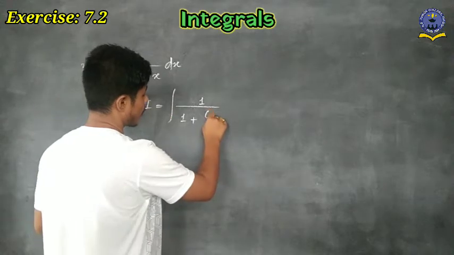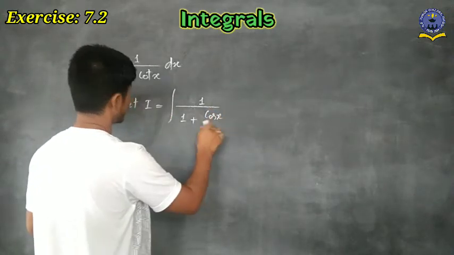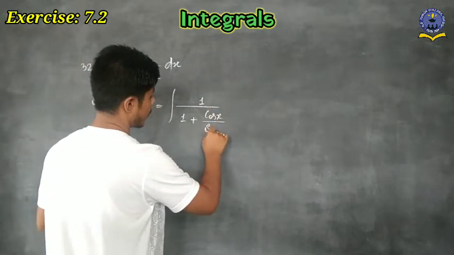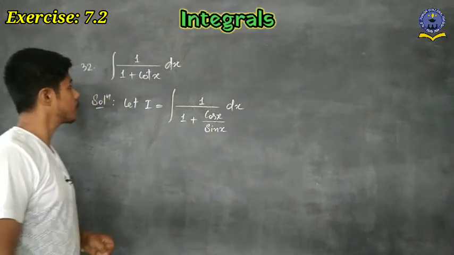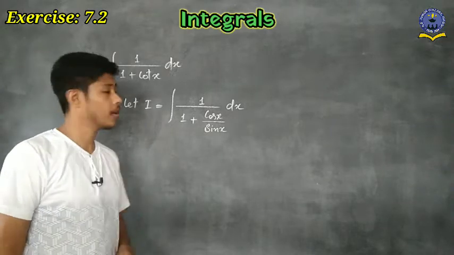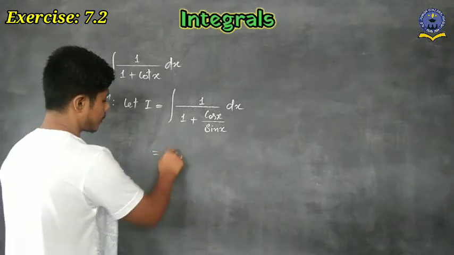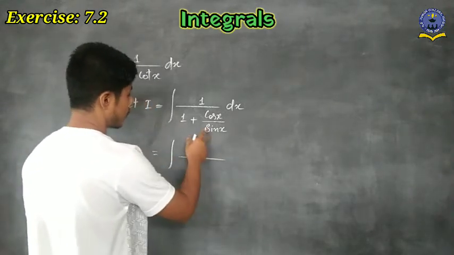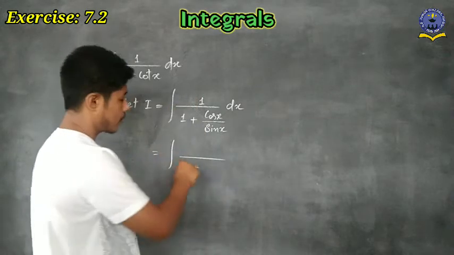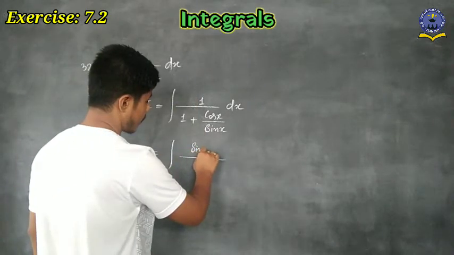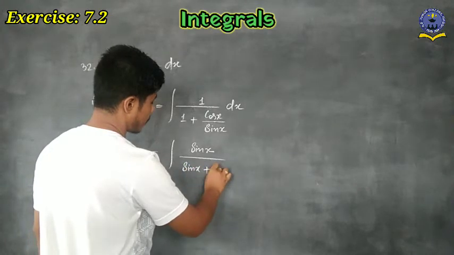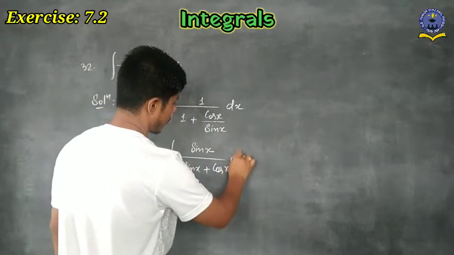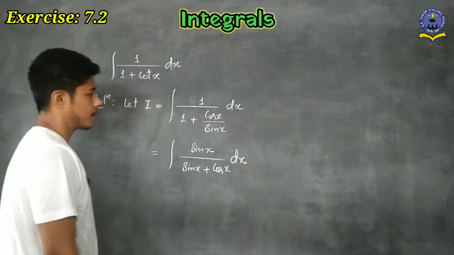Cot x we can write as cos x by sin x, into dx. After taking LCM, this sin x goes up, so we get sin x by sin x plus cos x into dx. So this is the first step here.